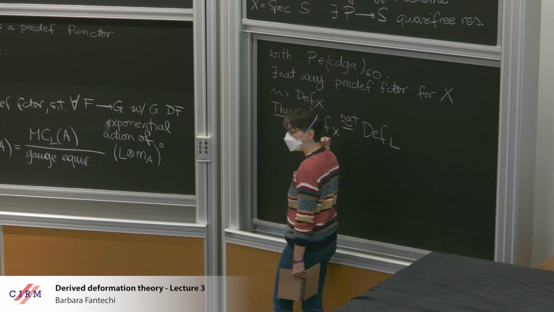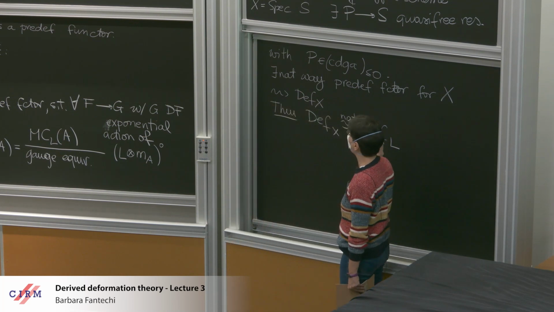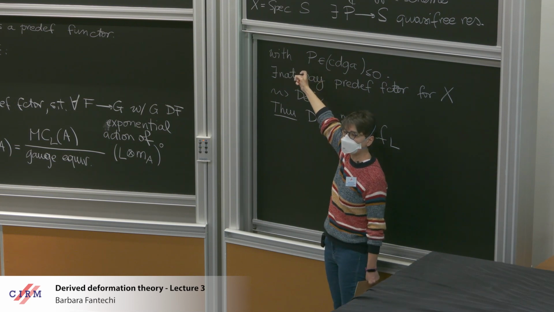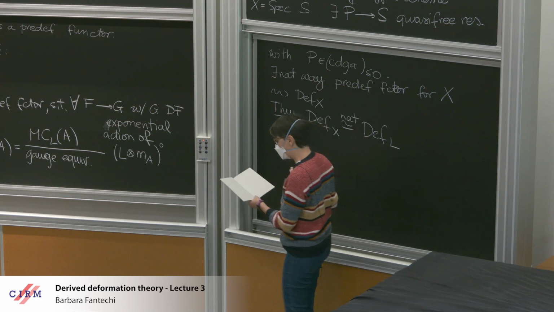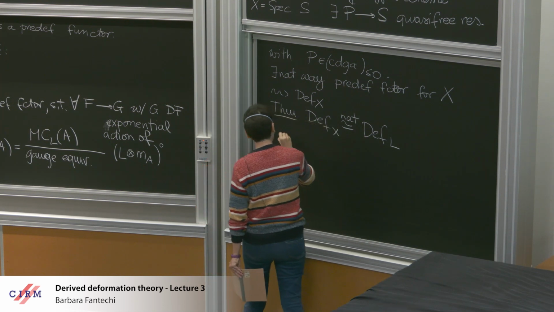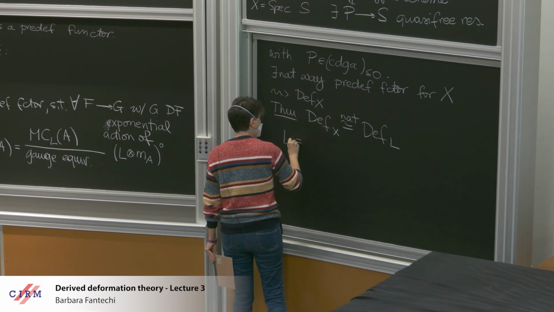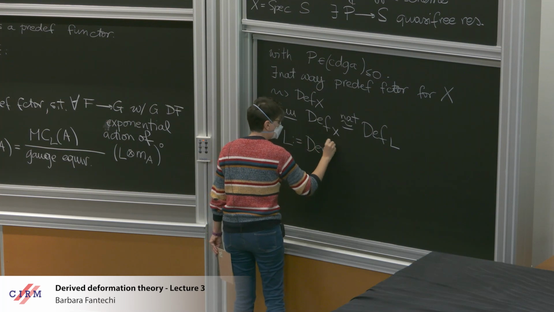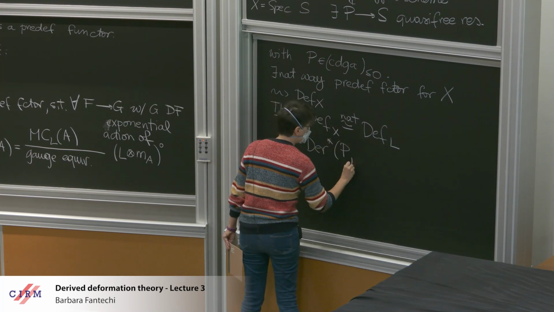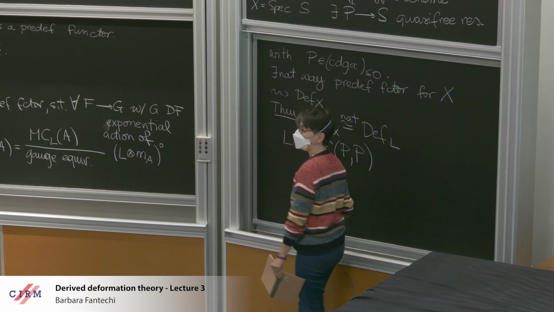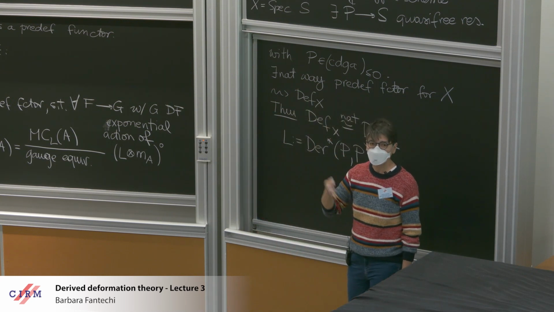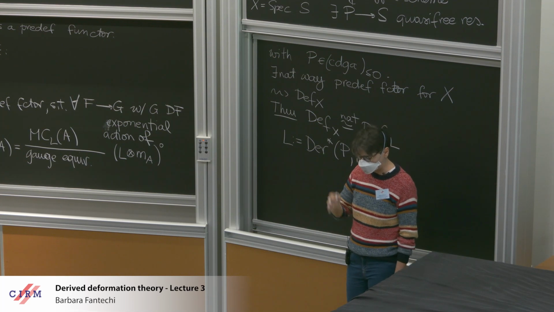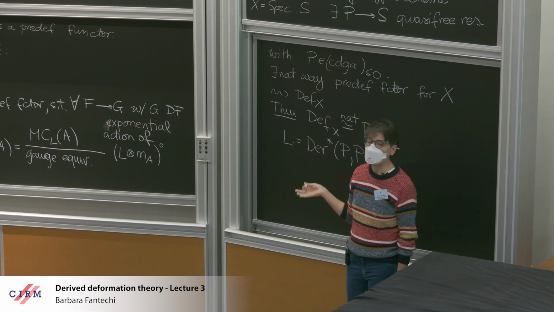So where do I get the differential graded Lie algebra here? I don't have a differential graded Lie algebra. This is a differential graded algebra. And the answer is I take L as the graded derivations from P to P. If you have a commutative algebra, the derivations are a Lie algebra.